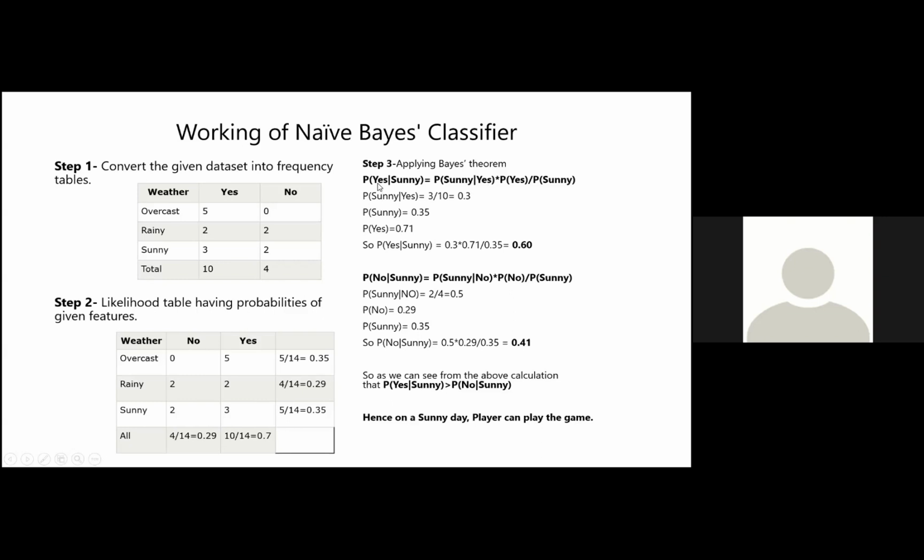We calculate the probability for both yes and no using the Bayes theorem formula, compare the final probability scores, and take the decision which has the higher probability value. Since the probability of yes given sunny is more than no given sunny, we conclude that the player can play the game.